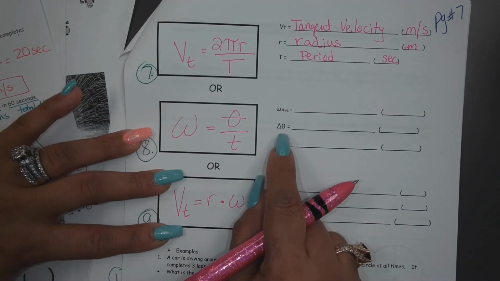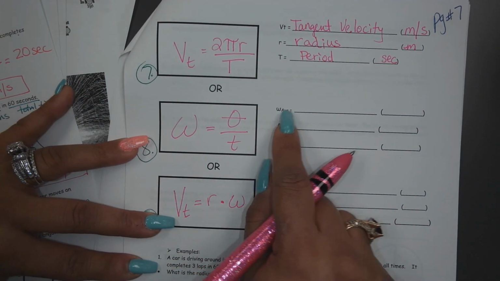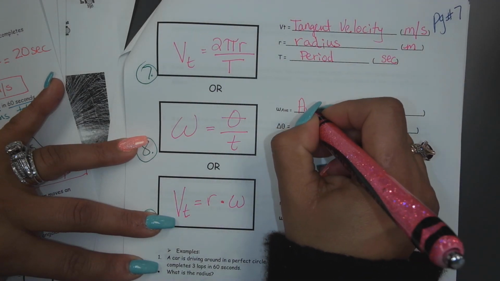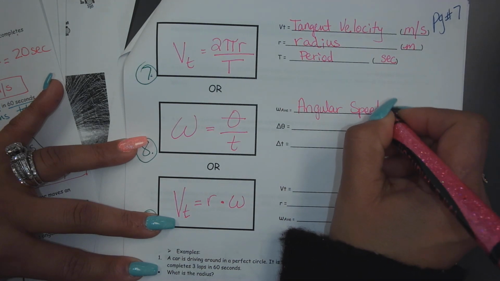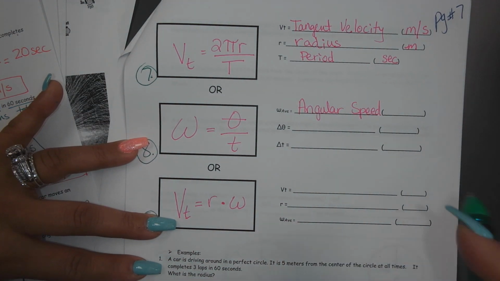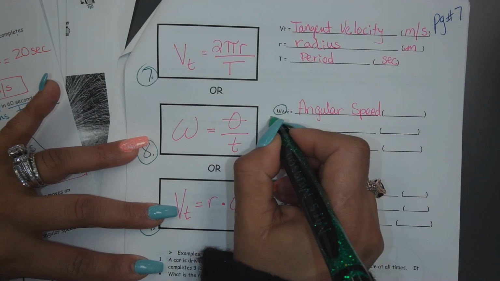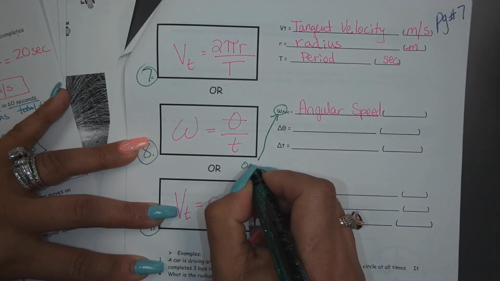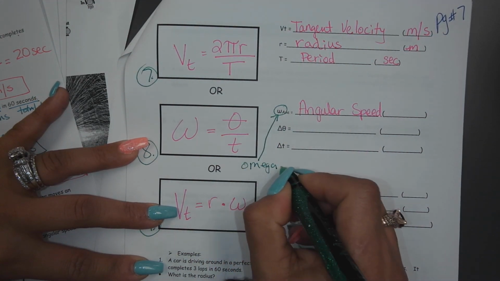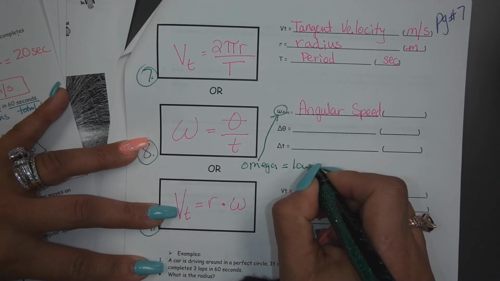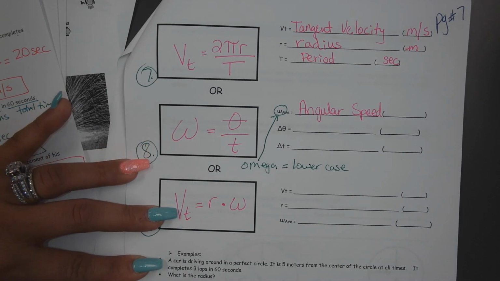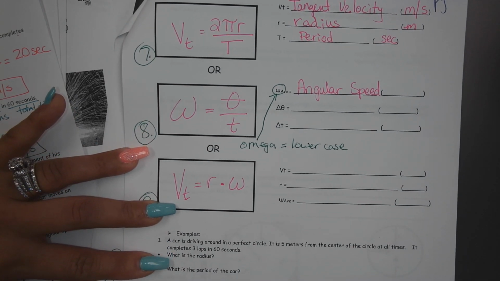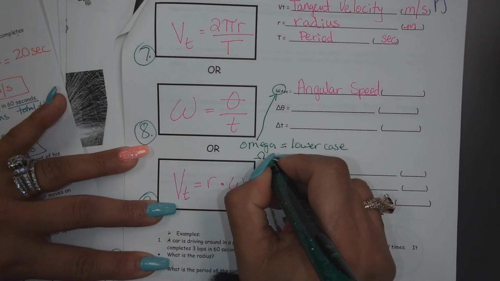The next equation, this little weird W, is angular speed. Now, this little weird W right here is a lowercase omega symbol. Later on this semester, we're going to use an uppercase omega symbol, which looks like this.